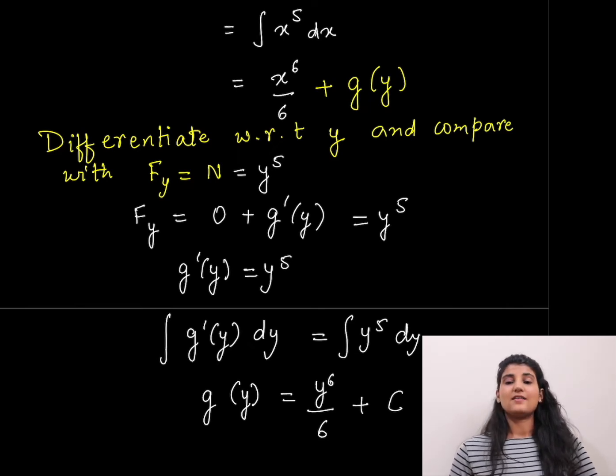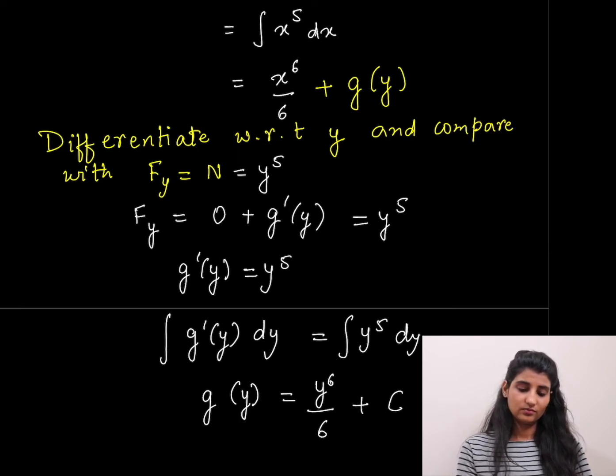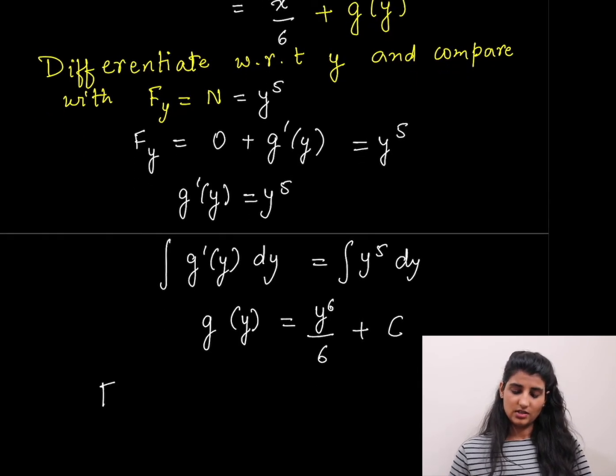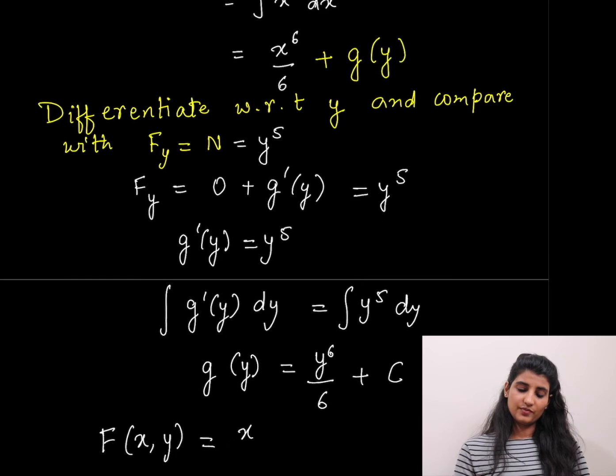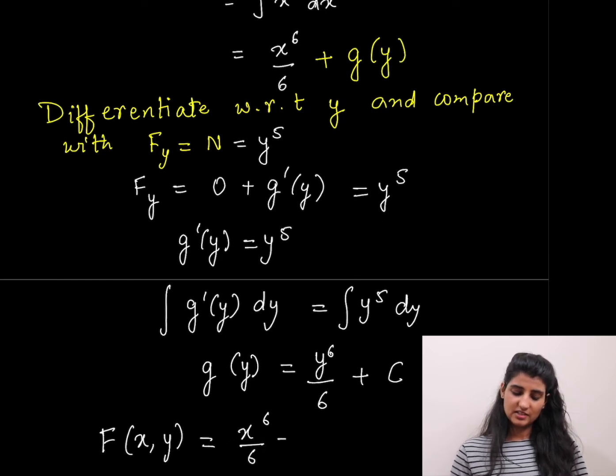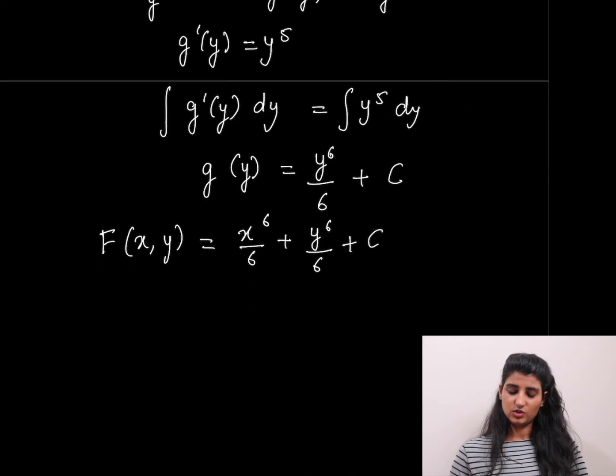This time our g is only a function of y, so we are adding a constant. Okay, now we know the solution already. So f(x,y) is equal to x power 6 divided by 6 plus g(y), which is y power 6 divided by 6, plus a constant of integration.